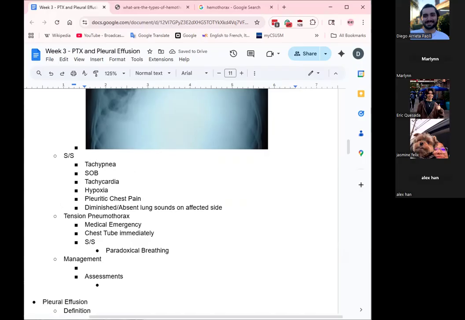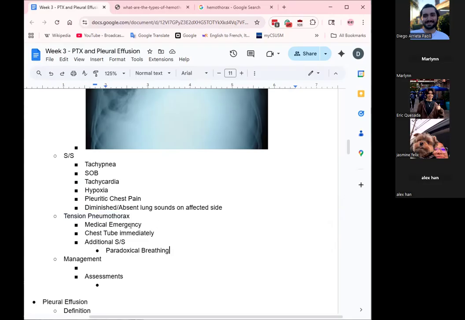One of the main things included here would be additional signs and symptoms from a tension pneumothorax. It would be what's called paradoxical breathing.